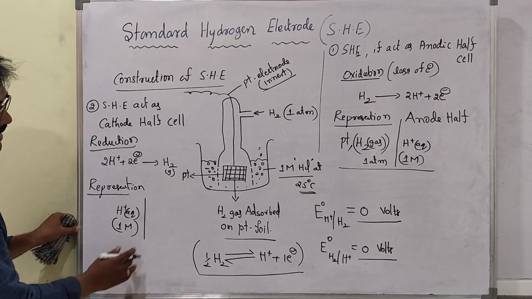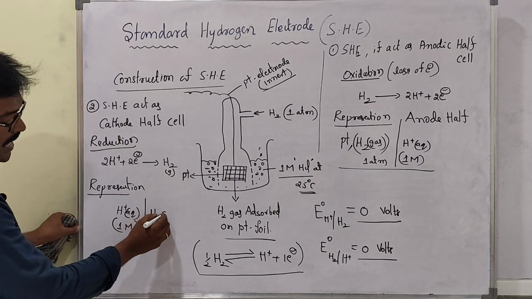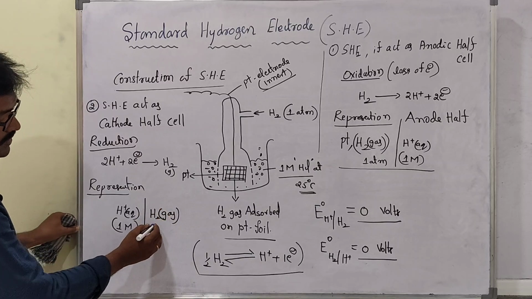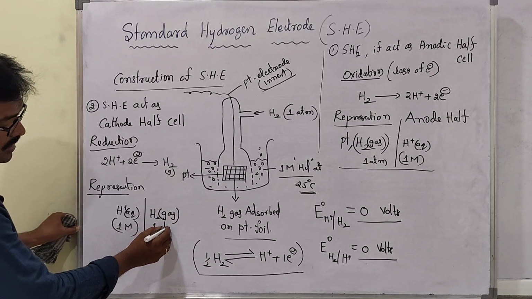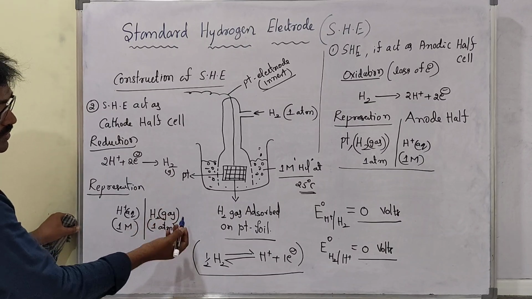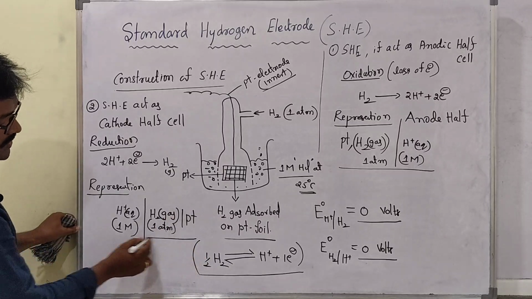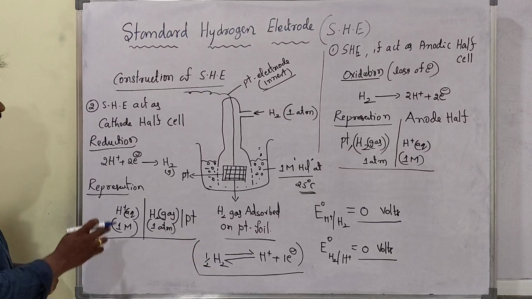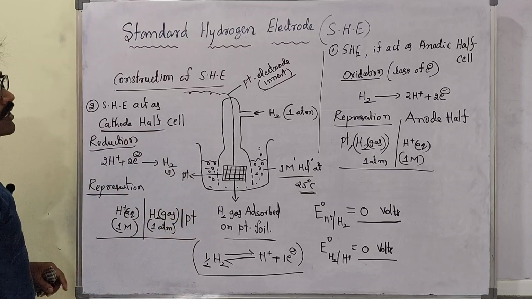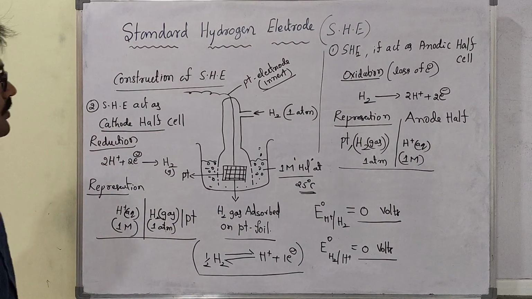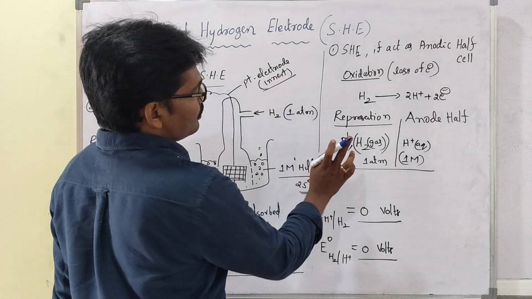Then a line, then hydrogen gas at 1 atmospheric pressure or 1 bar pressure, you can mention. Next, platinum electrode is there. So this is the representation of the cathodic half cell. How do we represent the anodic half cell?